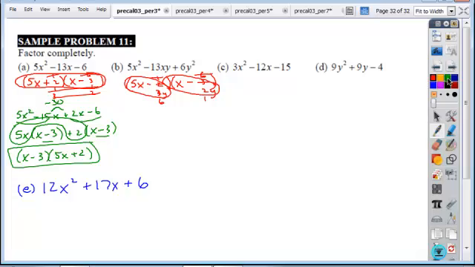Now, once again, if we were choosing to use the rewrite the middle term method, we would take 5 times 6, which is 30. Now, what two factors of positive 30 have a sum of negative 13? Negative 10 and negative 3. So if we rewrite our middle term as the sum of those, drop our first and last terms down, and then factor by grouping, what common factor can we remove from our first pair? 5x, leaving an x minus 2y.